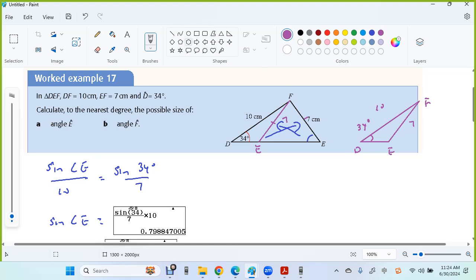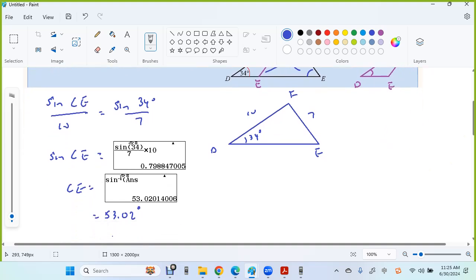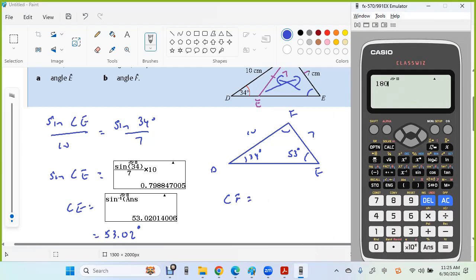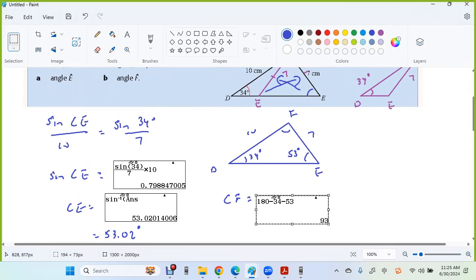The other one is the first one that we used. Here angle E is 53 degrees. Then angle F will be 180 minus 34 minus 53, which is 93 degrees.